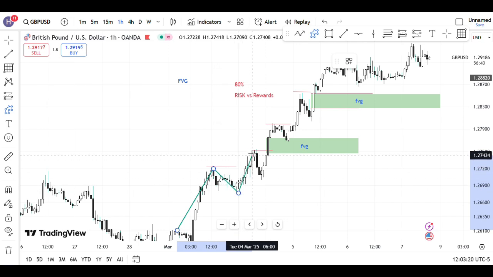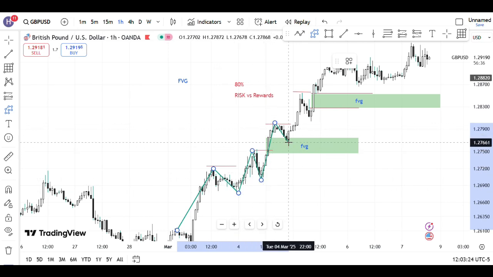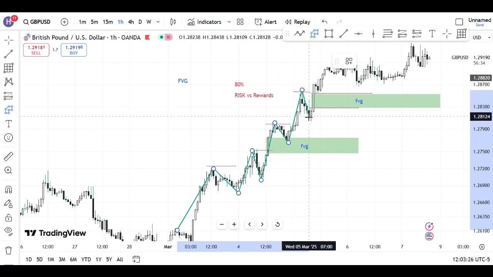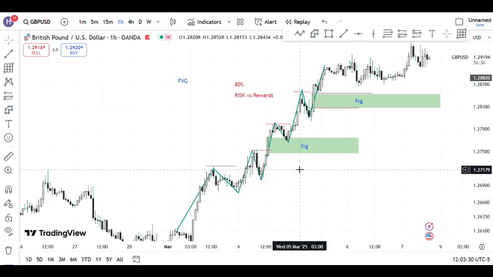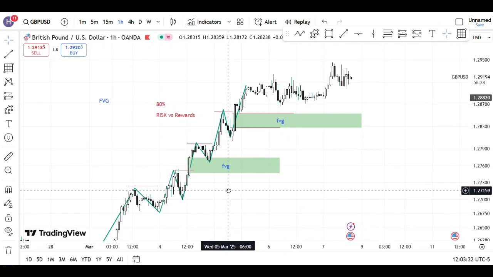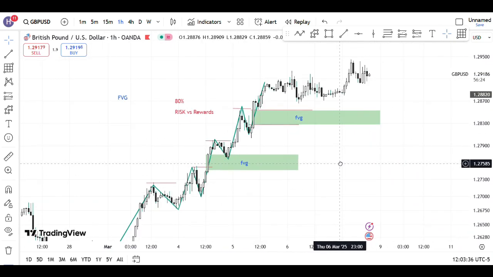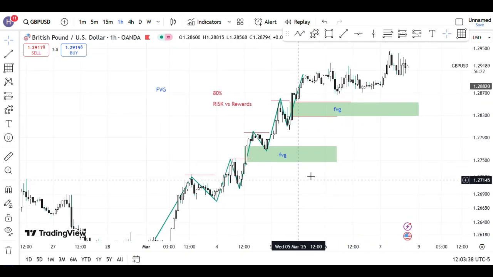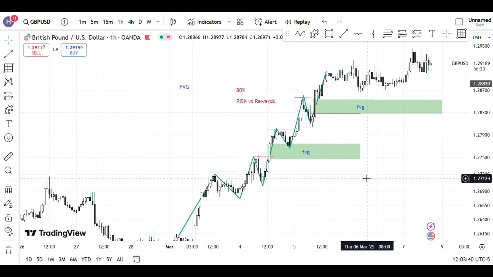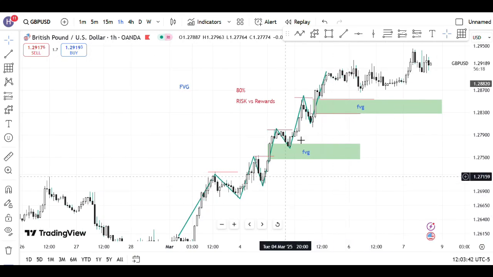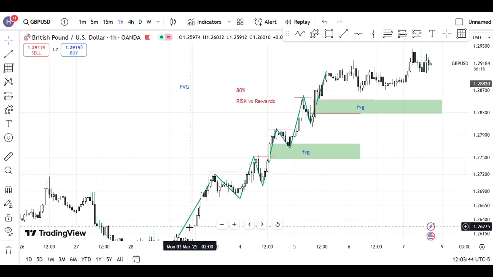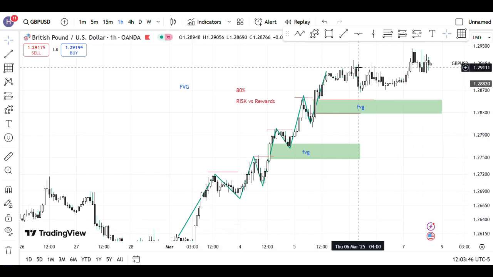Like that, this market was shifting from here, here, here, like this. This market was going like this. This is the real market of GBP USD. So you can see this one.